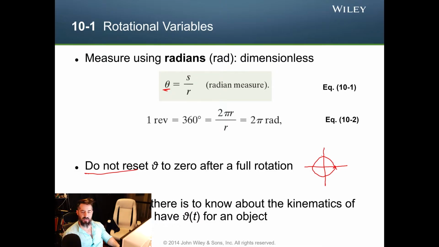It started at 0, now it goes around to pi and then to 2 pi, right? So one full rotation is 2 pi. It's the same as going full in degrees, you go 360, right? So you want to keep adding the degrees so you can tell how many rotations have happened. So just don't zero it out every time because that loses information.